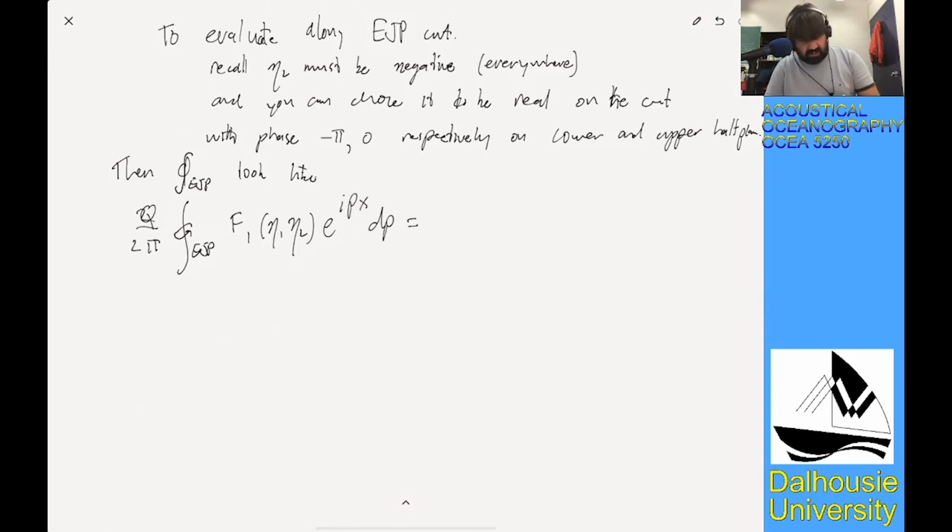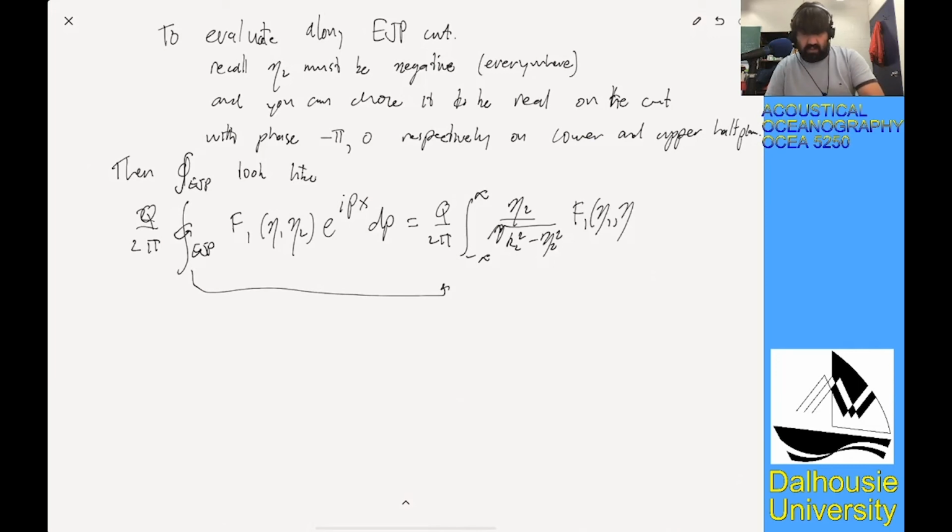So what does this actually look like now? Well, it's just going to be from minus infinity to infinity of eta 2 over square root of k2 squared minus eta 2 squared, f1 eta 1 eta 2, e to the minus i square root of k2 squared minus eta 2 squared, d eta 2. Oops.